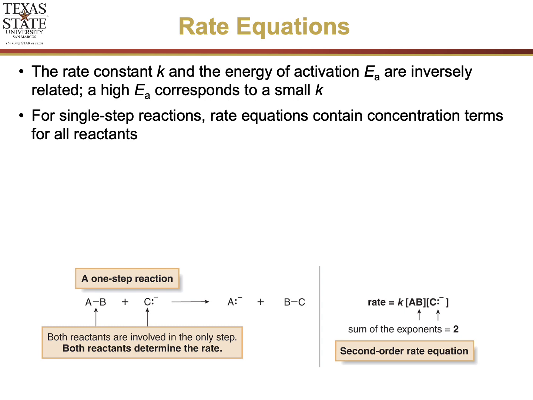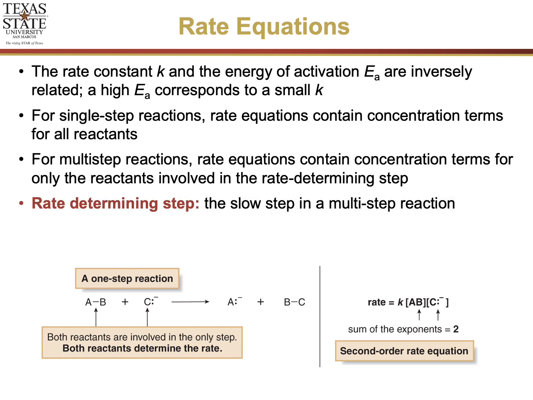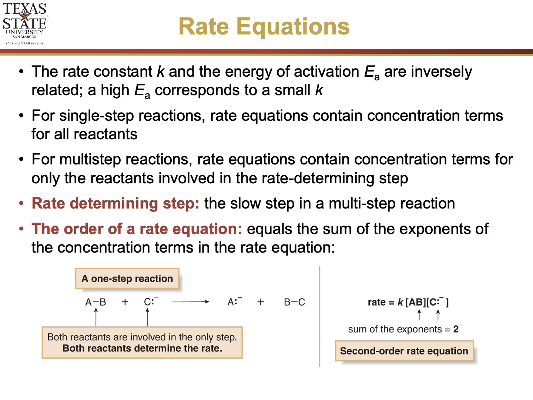For example, if the reaction happens all at once, the concentration of both AB and the concentration of C are important for the rate step, and therefore they are included in the rate law. In multi-step reactions, the rate equation contains concentration terms for only the reactants involved in that specific step, and typically it's the rate determining step or the slowest step in the system. The rate determining step is always the slow step in a multi-step reaction, and it tells you that once you form that intermediate, it quickly reacts to form the final products.